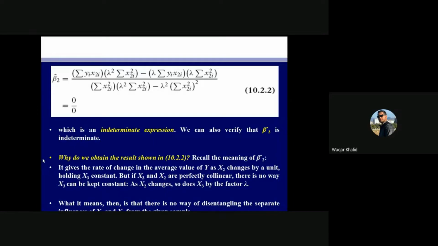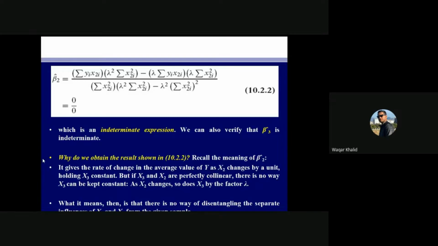Beta 2 represents the slope coefficient of the x2 variable. It means that if we change x2 by 1 unit, on average how much change will occur in our dependent variable, which is generally known as the slope of a regression line. If you change x2 by a single unit and x3 is constant, how much change in y will occur?